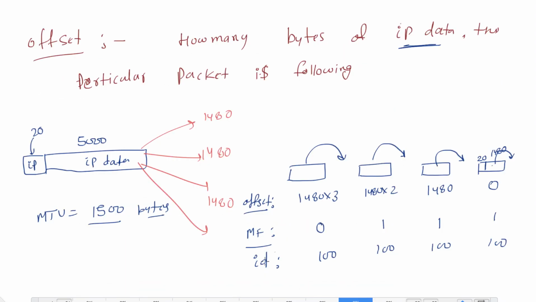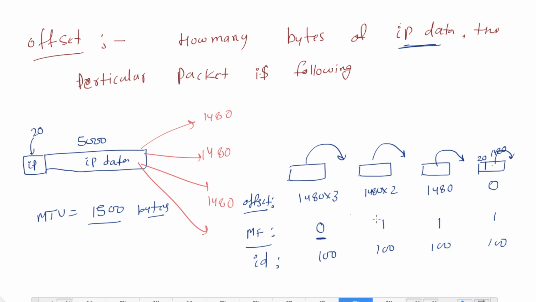Now, how will it help the destination? The destination will get to know which is the last packet, and it should also get to know that it has received all the intermediate packets.